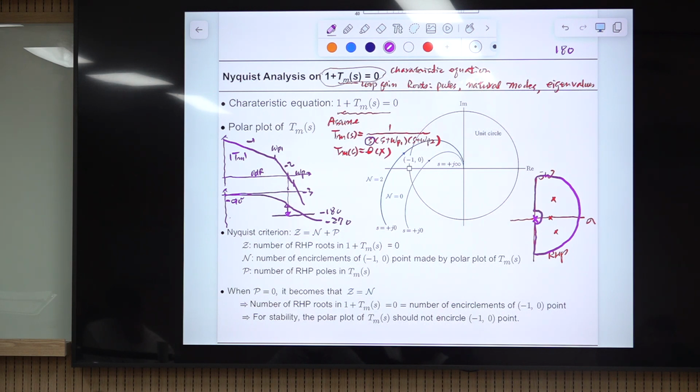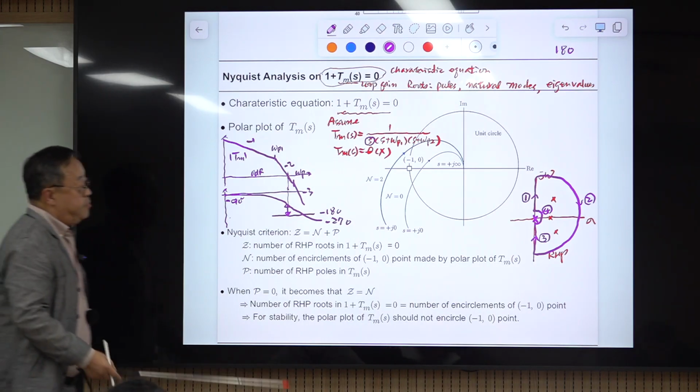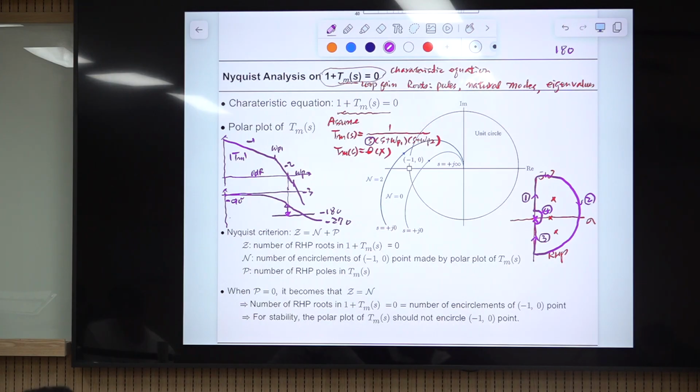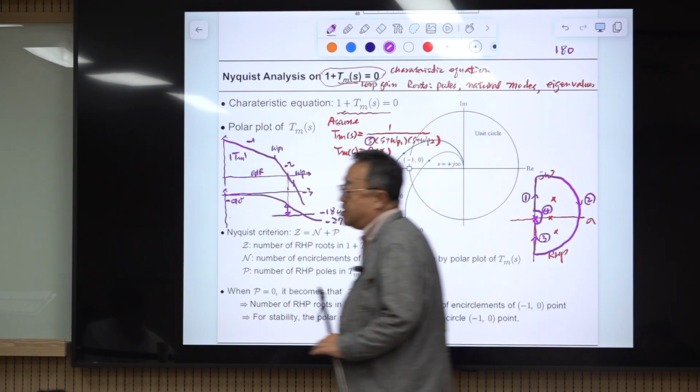So this part is 1, this part is 2, this part is 3, and this part is 4. All right, so Nyquist proposed this. Actually, Cauchy proposed this. We walk around this, and this R is infinity.